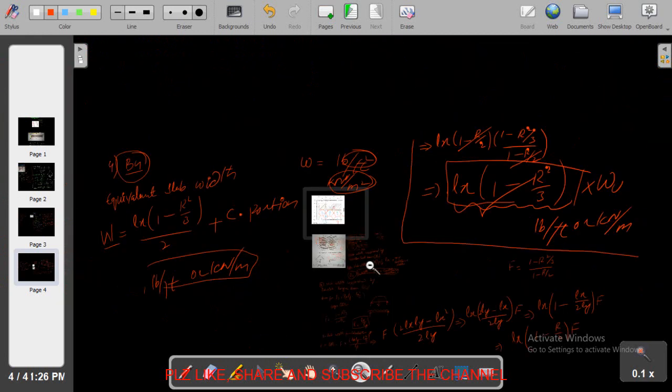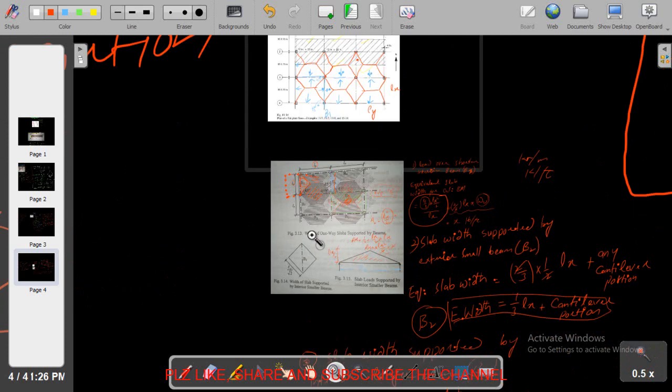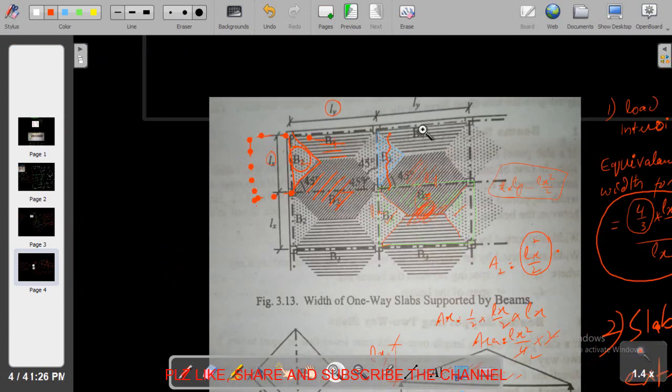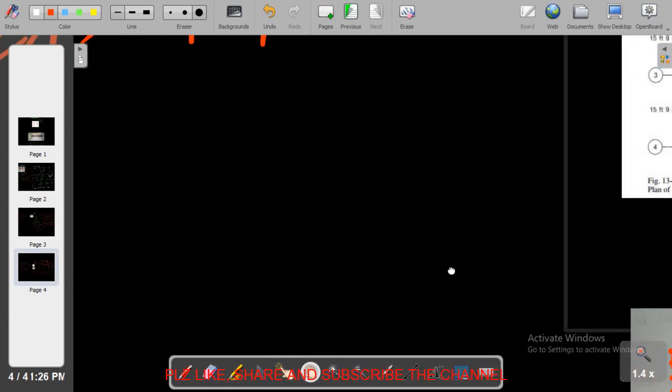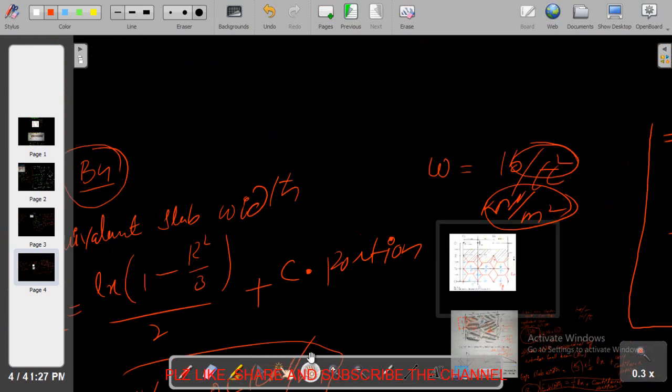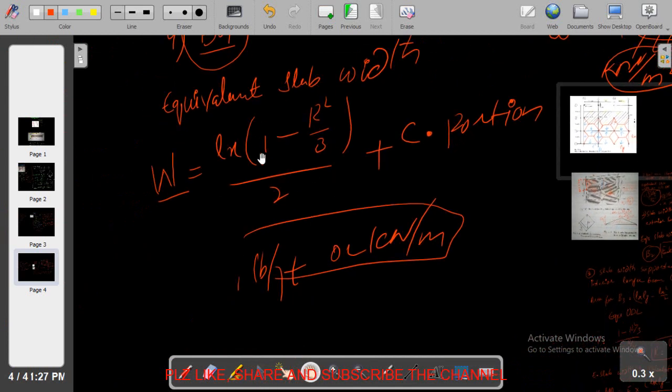Similarly for the B4 beam, which is this one, the shorter long exterior beam, right? For this one, the equivalent width will be Lx into (1 minus r squared divided by 3) divided by 2 plus the cantilever portion.